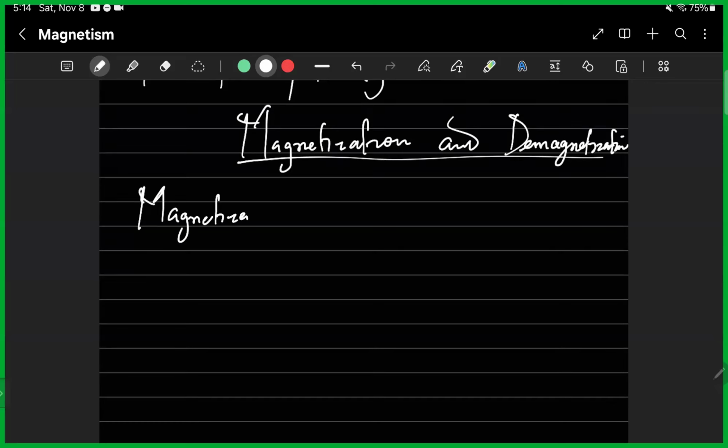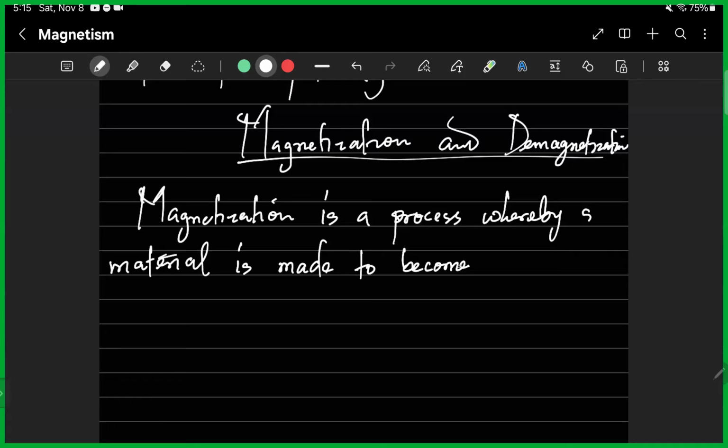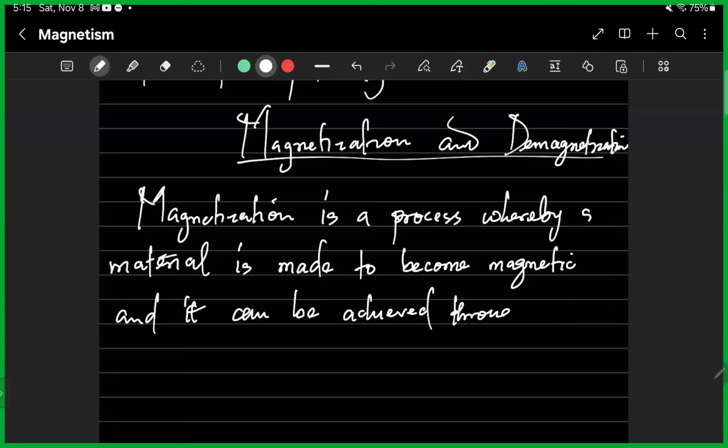Magnetization is the process whereby a material is made to become magnetic.